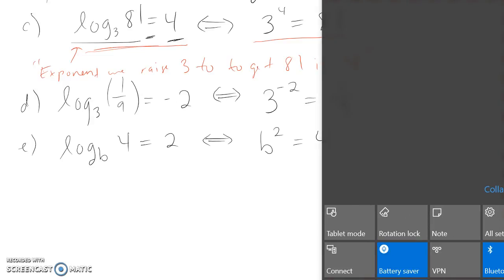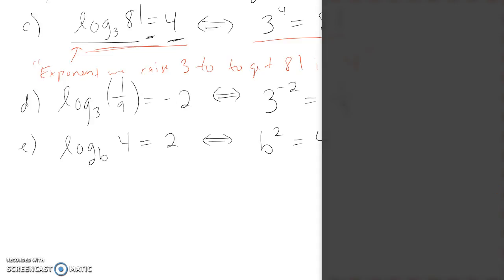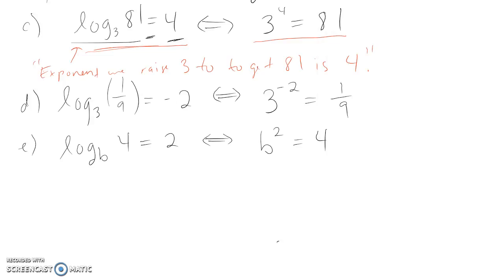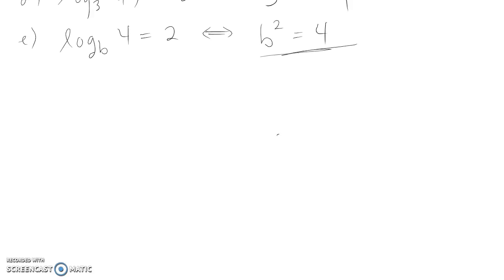This equation, b squared equals 4, we could go on to solve this guy, right? But again, we're going to do that later, because we're going to find out that when we're solving exponential equations, we have to worry a little bit about their domain. Okay? For now, let's do a few other things.